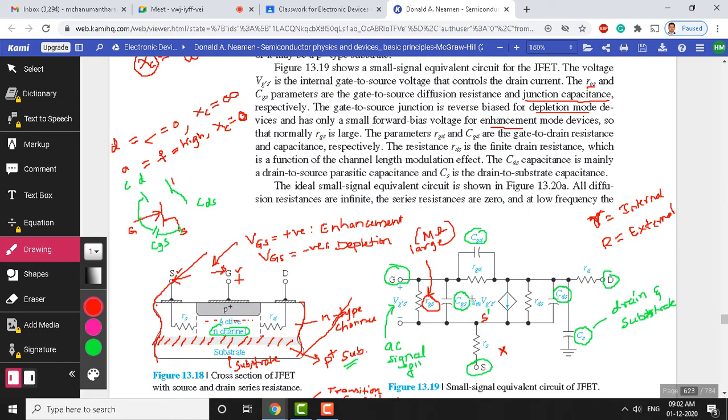RGD is the resistance between gate and drain, and there is again a junction capacitance between the gate and drain. The same thing is labeled here: gate to drain resistance and capacitance.